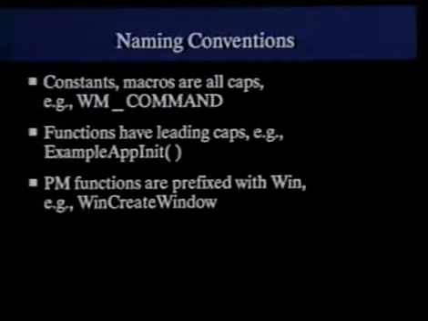Our naming conventions that you will see in the code that follows: all the constants and the macros are in all caps. These are predefined or user-defined macros or constants. Most of our functions have a leading capital to distinguish them from variable names. The presentation manager functions that we will be calling, most of them have a leading WIN or are prefixed with WIN.